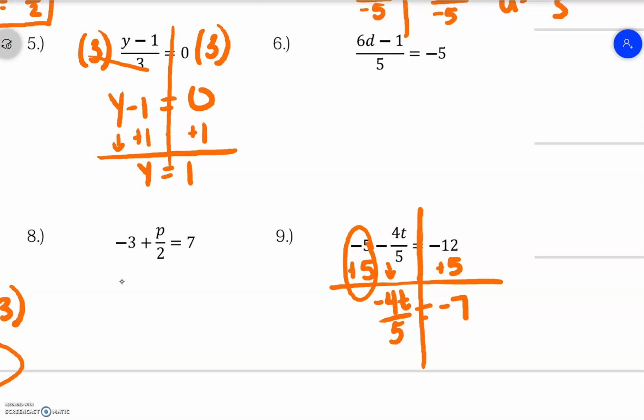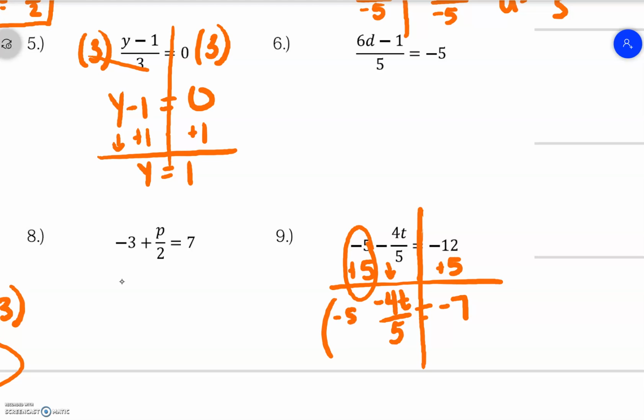Now we could do this in multiple steps, or we could get rid of our coefficient in one step. When we have a fraction coefficient, such as negative 4 over 5 in this example, all we need to do is flip the fraction and multiply.